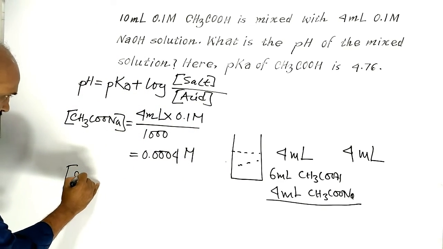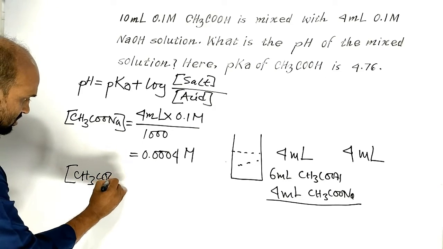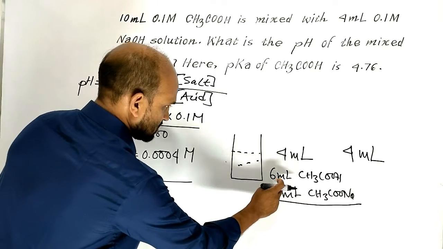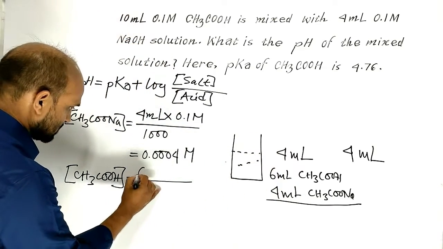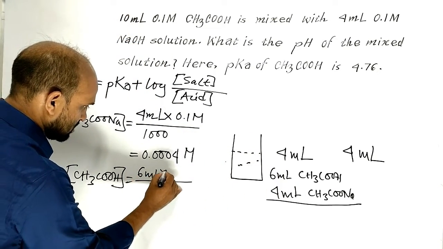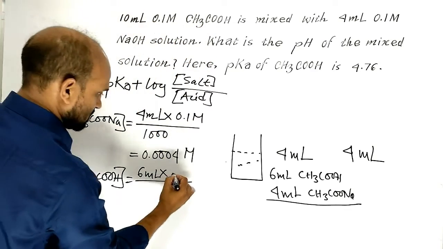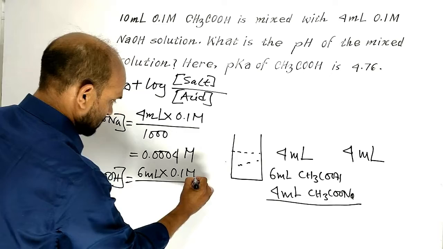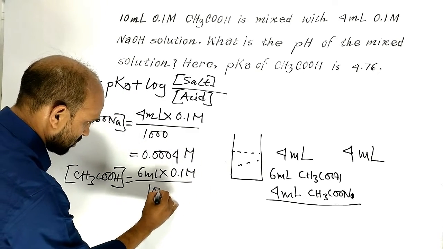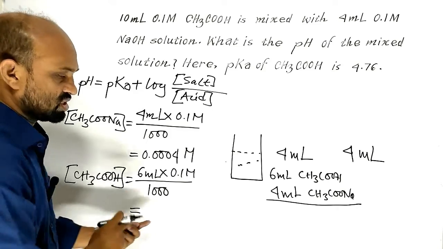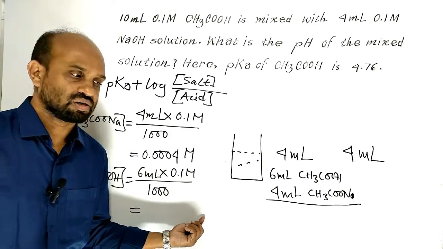Now concentration of acetic acid is acetic acid in the system 6 milliliter into concentration of acetic acid 0.1 molar divided by 1000. Now we got the concentration, that is mole per liter.